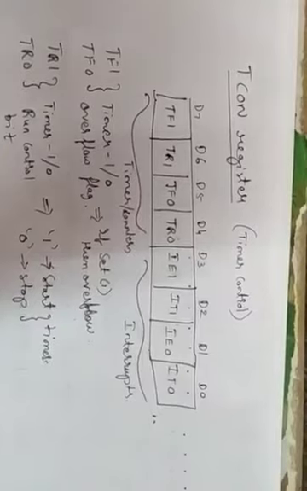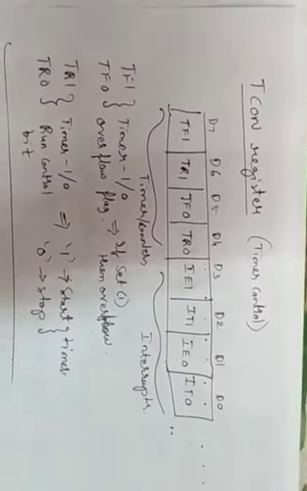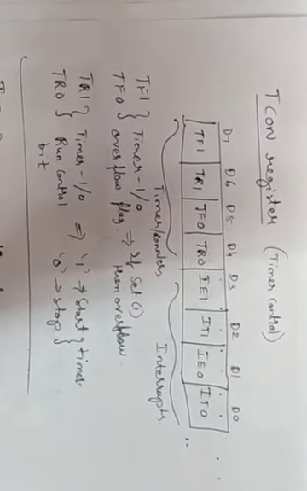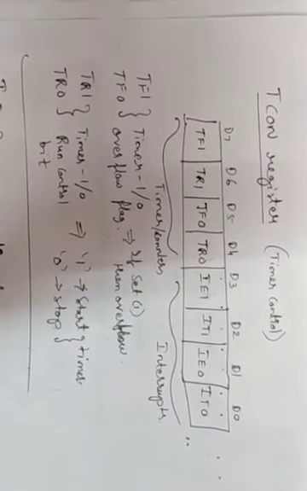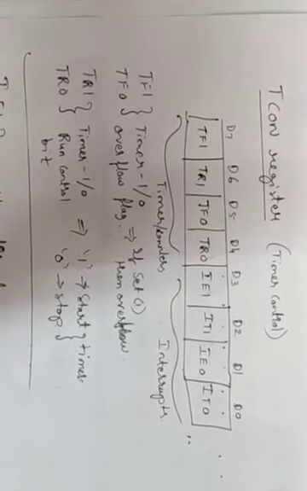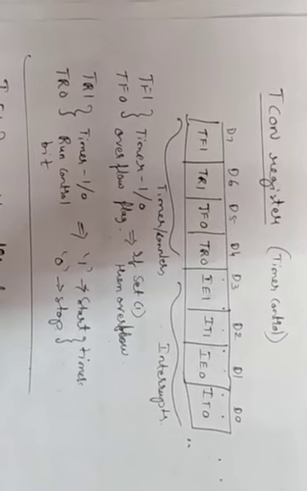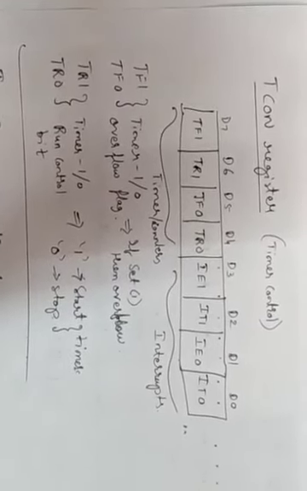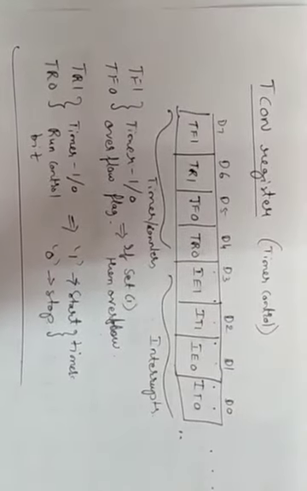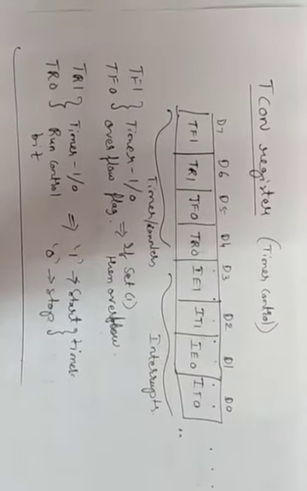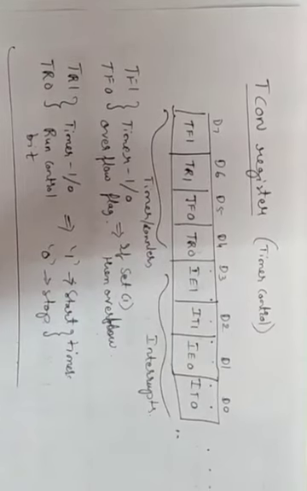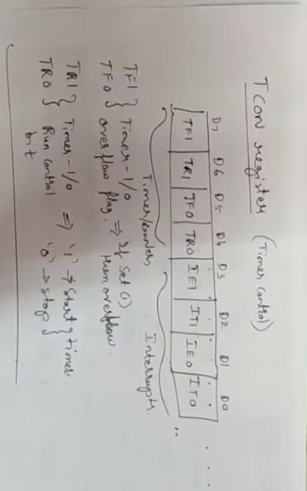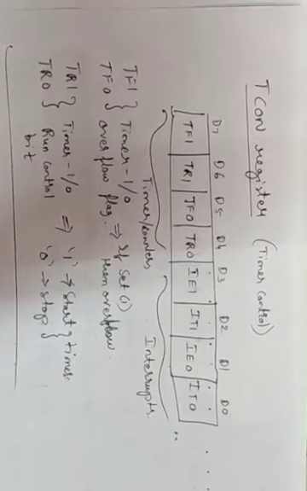So let us look into the timer fields TF1 and TF0. TF means timer overflow flag. If the timer overflow flag is 1, then we say overflow has occurred. Overflow means if the count is from 0000 to FFFF, after FFFF it again counts from 0000.